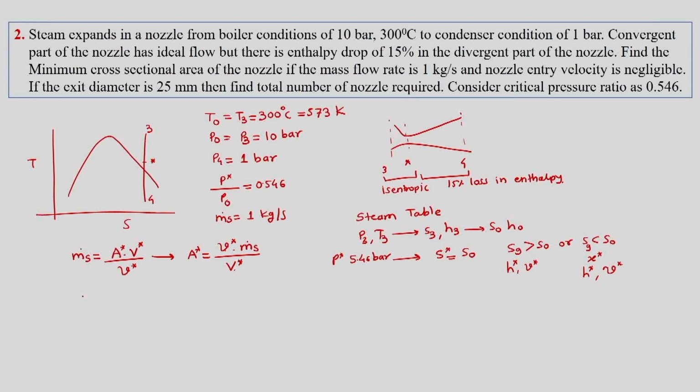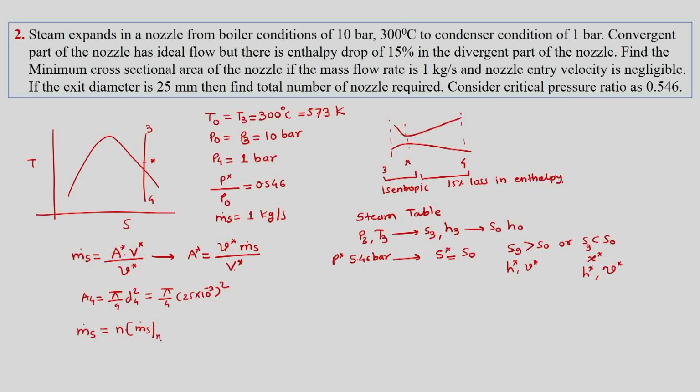So first, A4 is pi by 4 d square, and d4 is given as 25 mm. So we can find out A4.